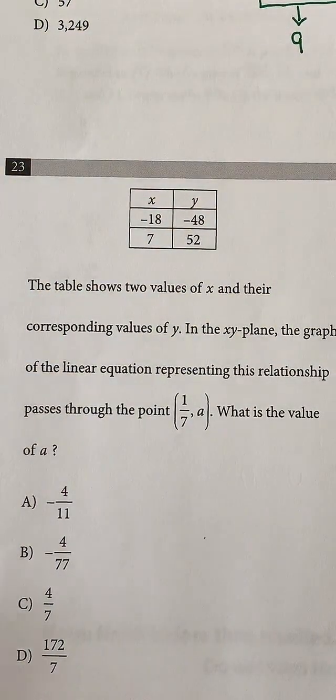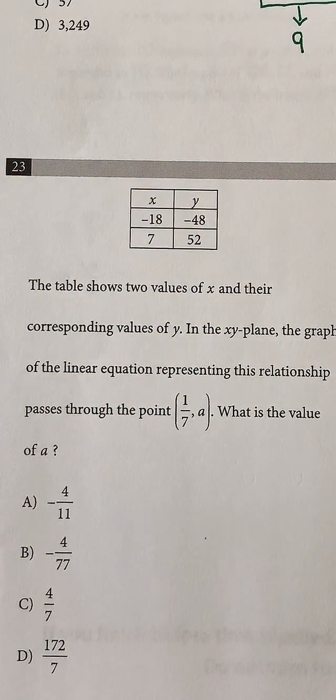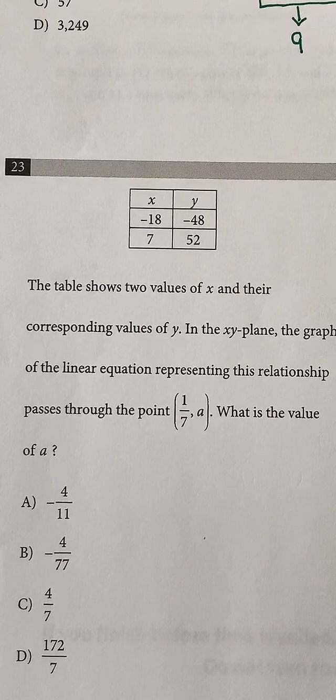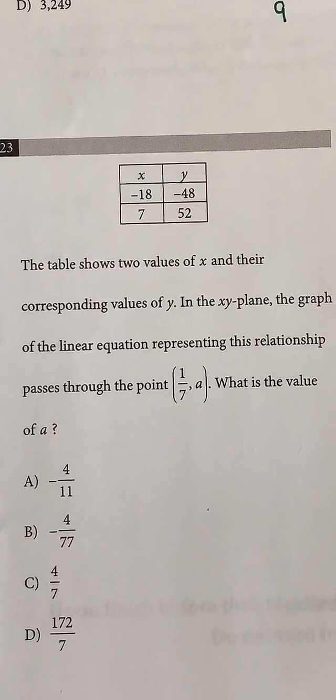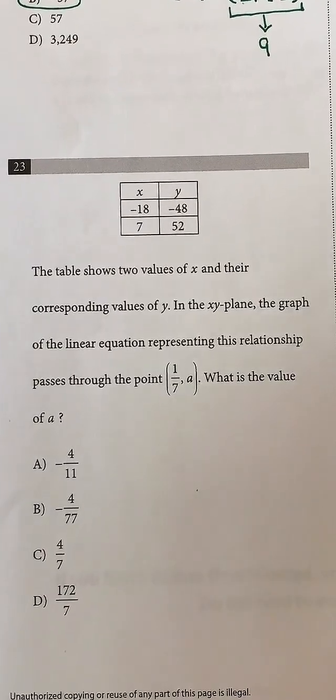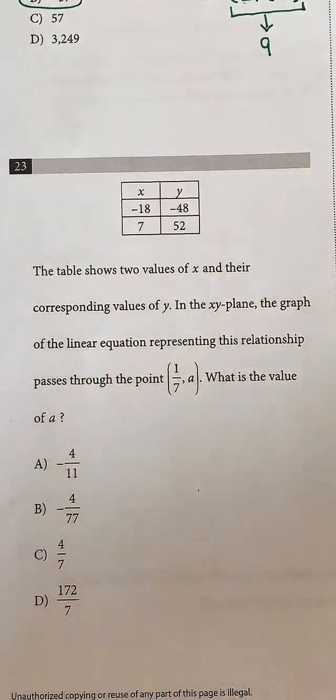Okay, so the table shows two values of x and their corresponding value of y. In the xy plane, the graph of the linear equation representing this relationship passes through the point 1/7, a. What is the value of a?